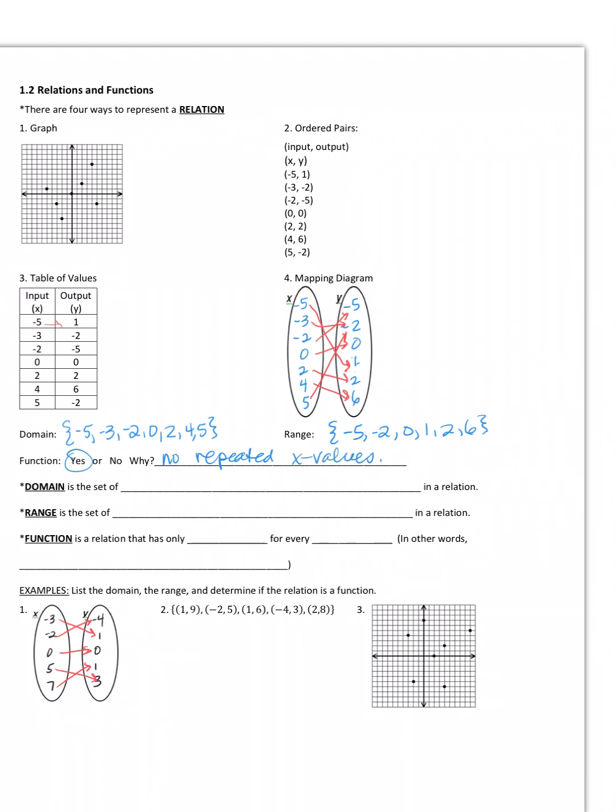Now remember this, domain is the set of all x values, or the input, maybe you were taught input values, in a relation. The range is the set of all the y values, or the output.